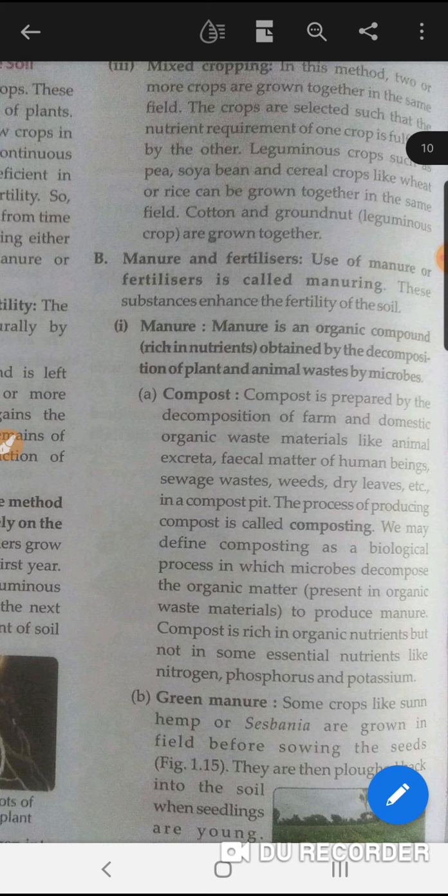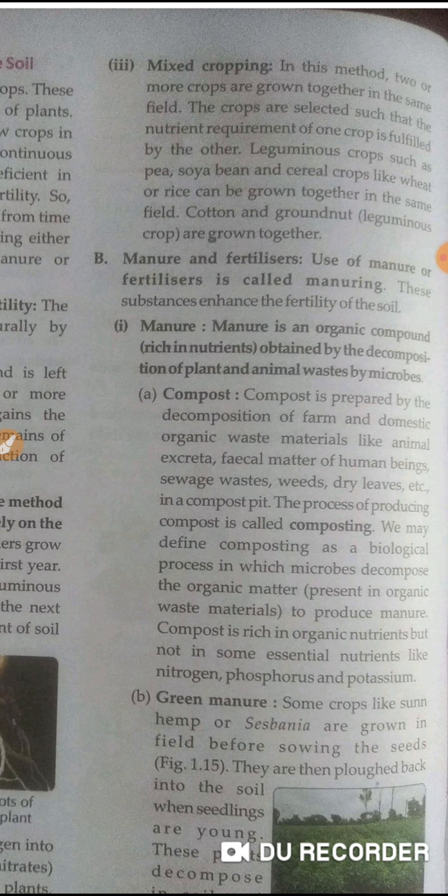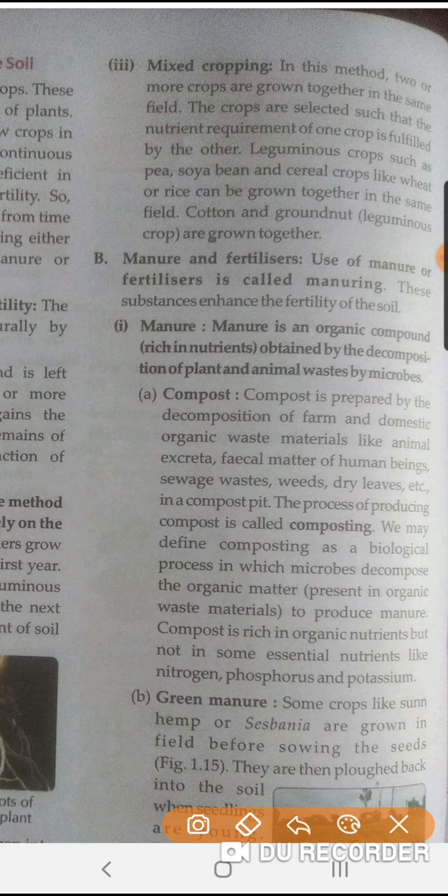To prepare compost, we dig a pit and put all the waste materials from our kitchen, dry leaves, animal excreta in it, and then microbes function upon it. By the function of microbes, it turns into manure or compost. The process of producing compost is called composting.